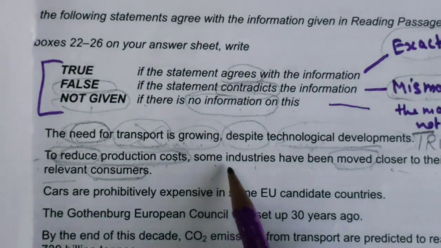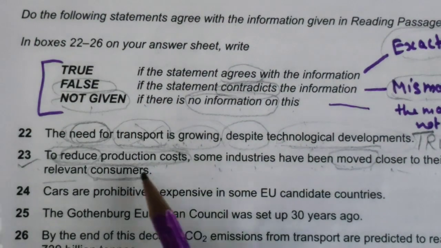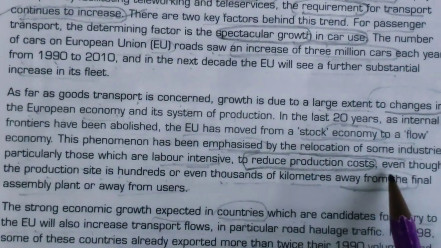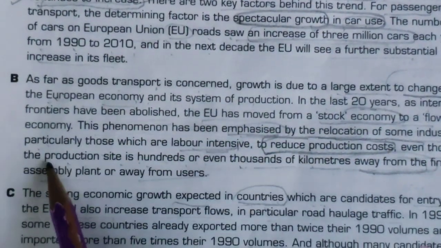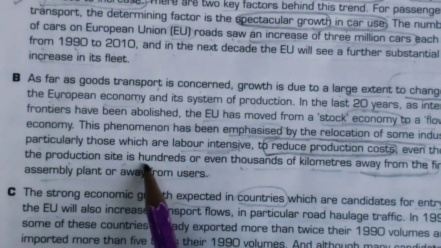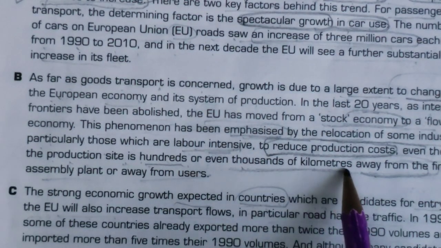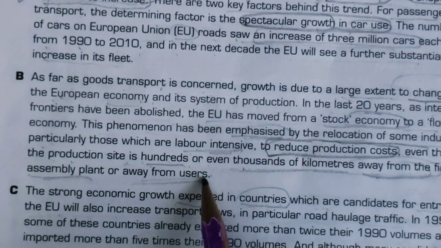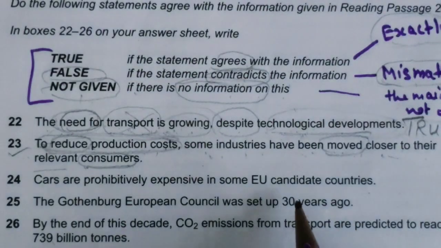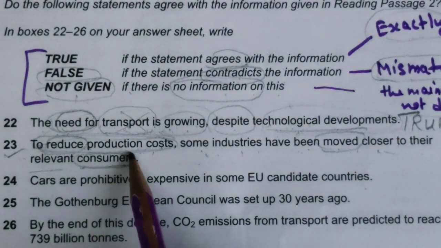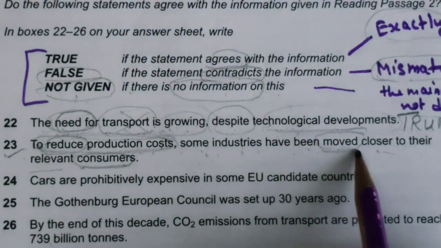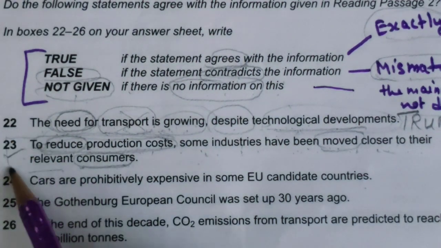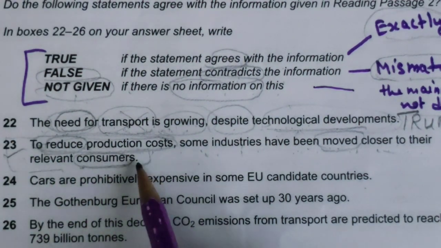So let's read it further. Some industries moved closer to their relevant consumers, even though their production site is hundreds or even thousands of kilometers away from the final assembly plant or away from users. So what they are saying, to reduce production costs, some industries have been moved closer to their relevant consumers. Now we have found the whole information, but still there is a problem.